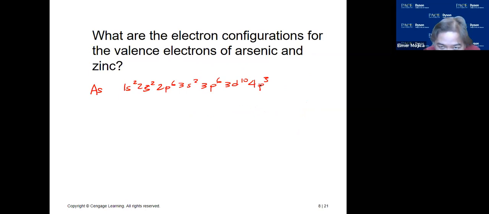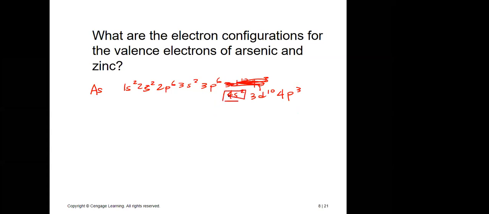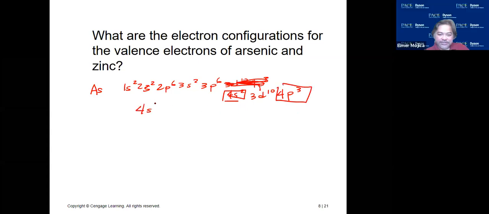Oh, I think I'm missing something, right? I need a 4s2, a 3d10, and a 4p3. So what would be the valence configuration here? 4s2, 4p3. I can only look at the highest one there. So I can just put this as 4s2, 4p3.